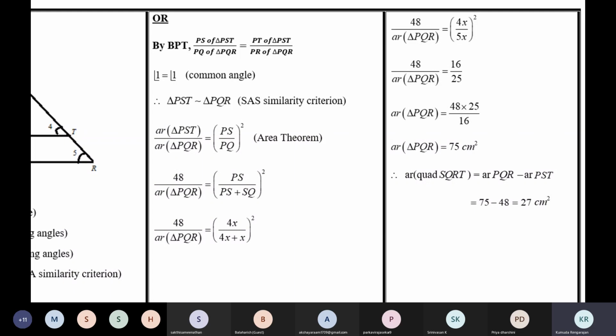X and X get cancelled. So on cross multiplying and working, we get the area of the big triangle PQR as 75 centimeters square. Area of the small triangle is 48. Big is 75. 75 minus 48, 27 is the area of the quadrilateral SQRT.